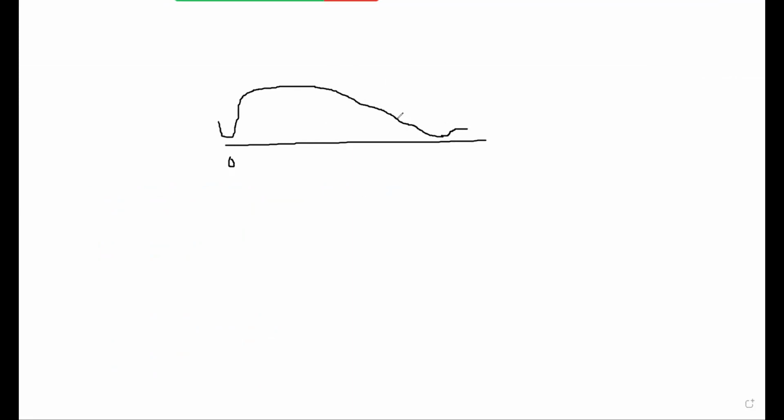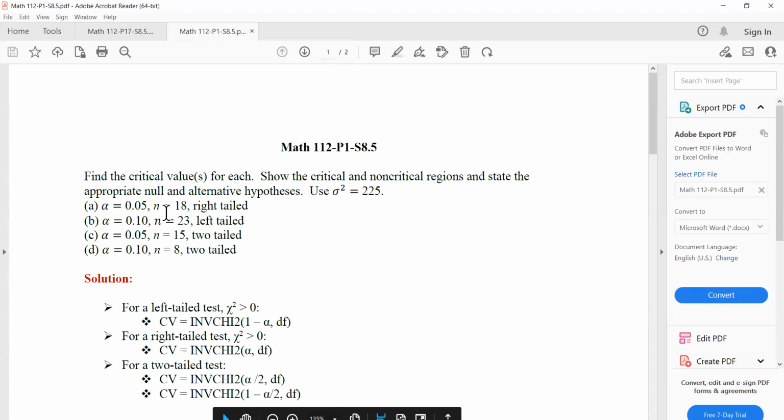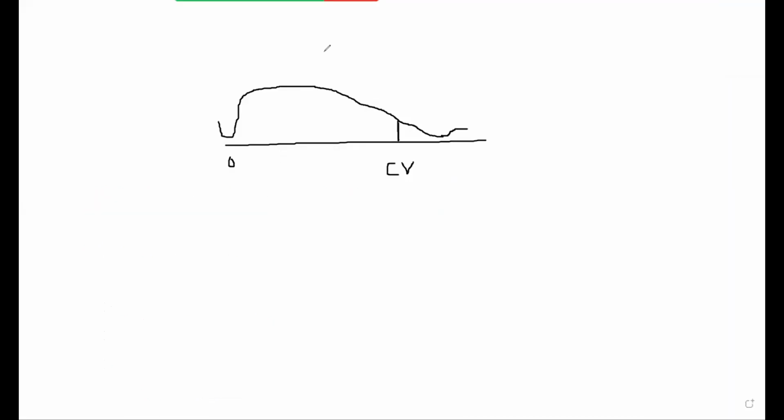So we know that our critical value is somewhere over here, but we don't know where it is. So our critical value is a question mark. But we do know what our alpha and our degrees of freedom are. So if we go back, alpha is 0.05 and n is 18. So here, this is 0.05.